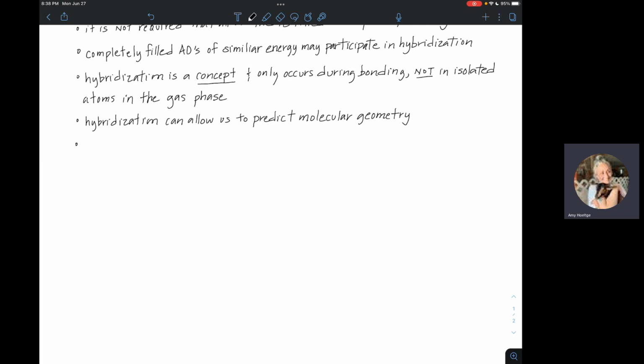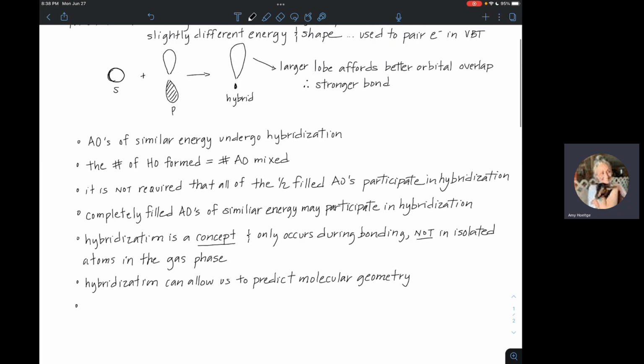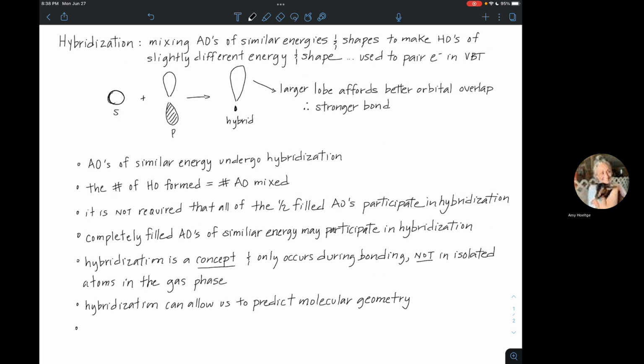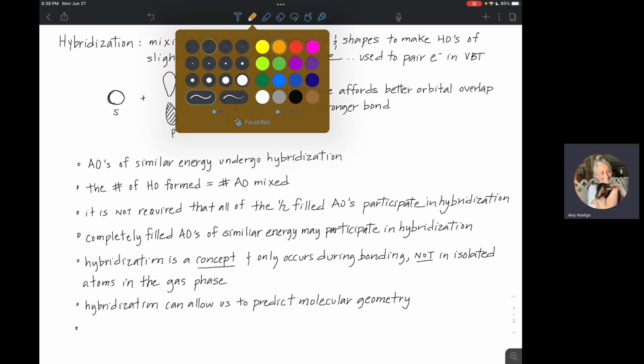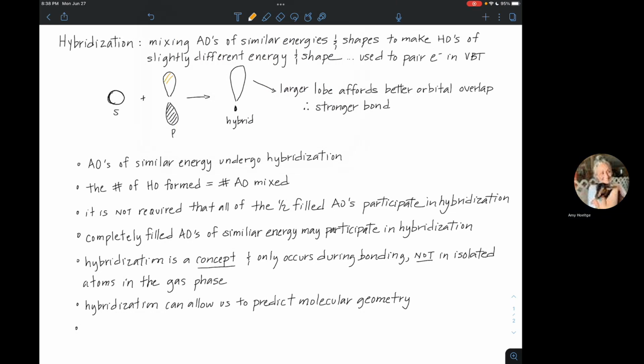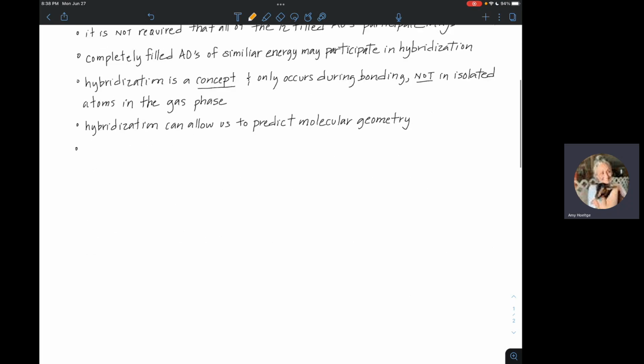So the last thing I want to mention is that the larger, so look at these things, right? This hybrid orbital, that lobe up there, that big fat lobe right there is going to overlap. It's longer, it's bigger, right? The orbital overlap is better.